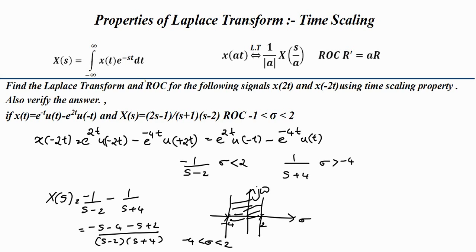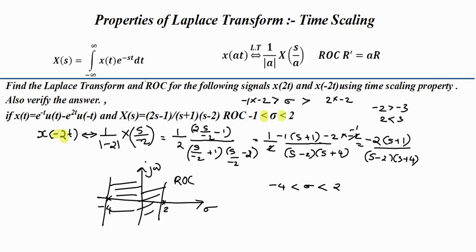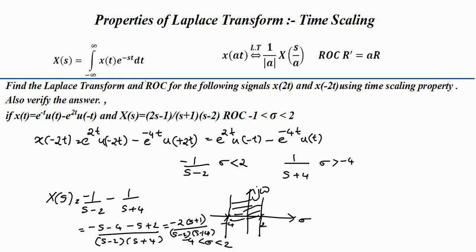If you simplify the numerator, it becomes -2(s+1), and the denominator is (s-2)(s+4). So we got the answer which is similar to the previous one. Both answers are the same, so we verified the time scaling property. Okay, thank you.